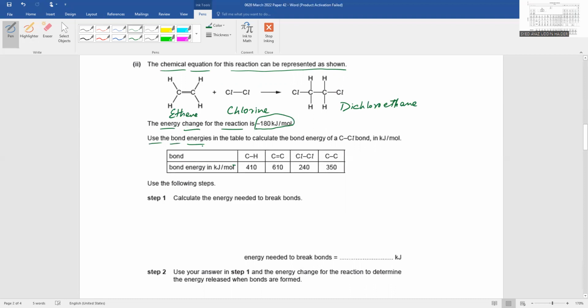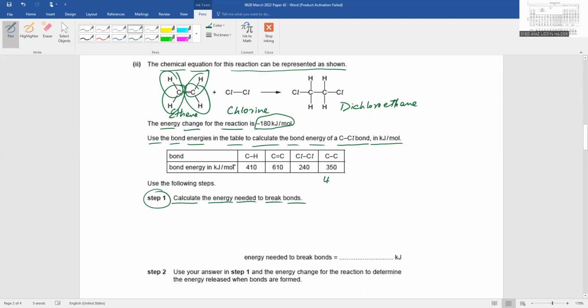Use the bond energies in the table to calculate the bond energy of a C-Cl bond in kilojoule per mole. Use the following steps. Step number 1, calculate the energy needed to break bonds. So we are having ethene and Cl2. How many C-H bonds are broken? 1, 2, 3, 4.